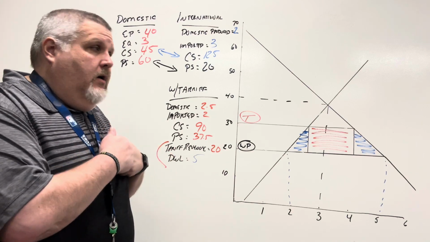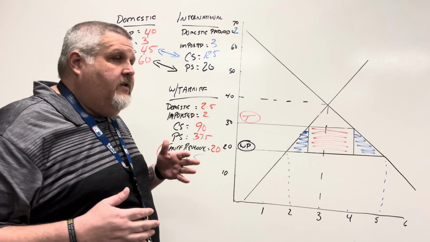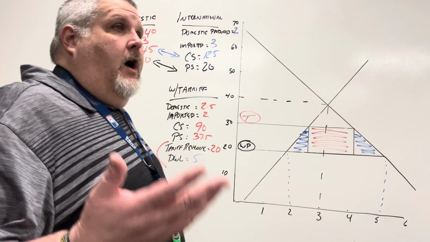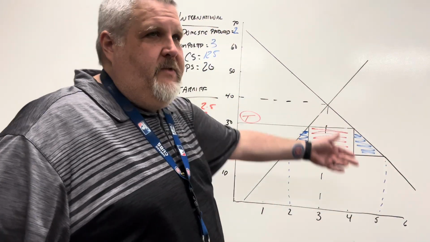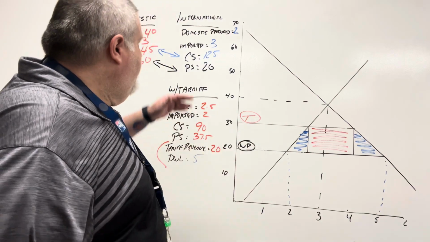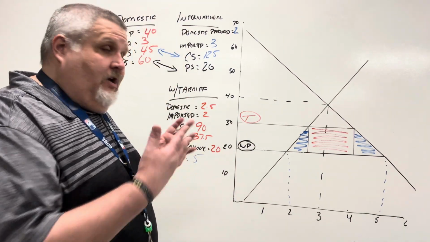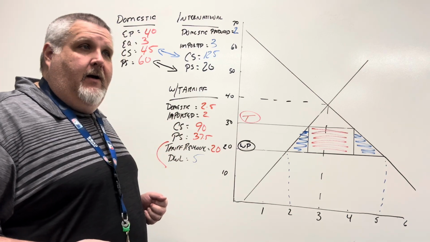Where our country feels like they should be producing, that's our supply curve, right? Where does our country feel like we should be buying? That's our domestic demand curve, okay? Keep those things straight and then be able to find these. Remember that 1/2 the base times the height is what we're going to use for almost everything for this, as well as our tax graphs, okay?